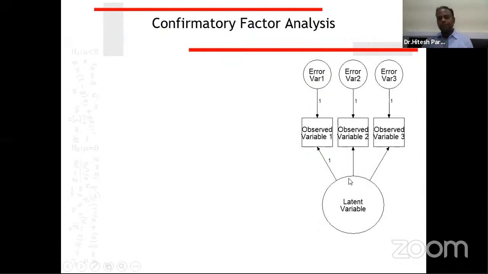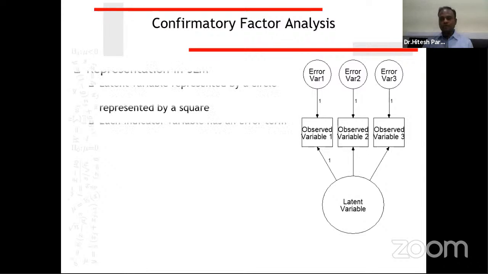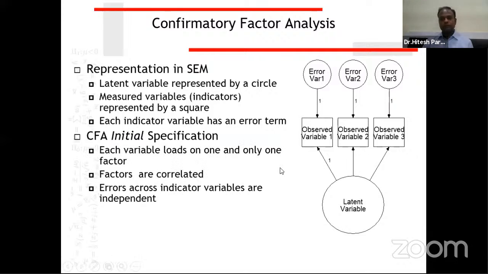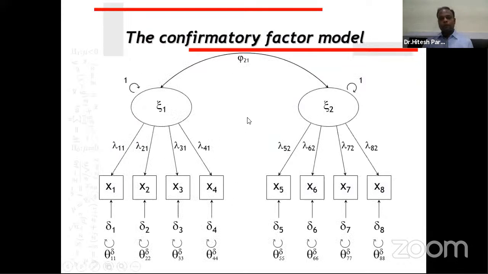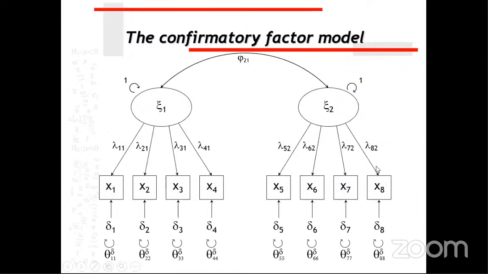This is a very simple kind of construct in which we identify 3 variables to represent the construct. Now suppose we are adding one more construct, so let us assume that we have 2 constructs. What we have in the beginning is scores of only x1, x2, x3, x4, x5, x6, x7 and x8.